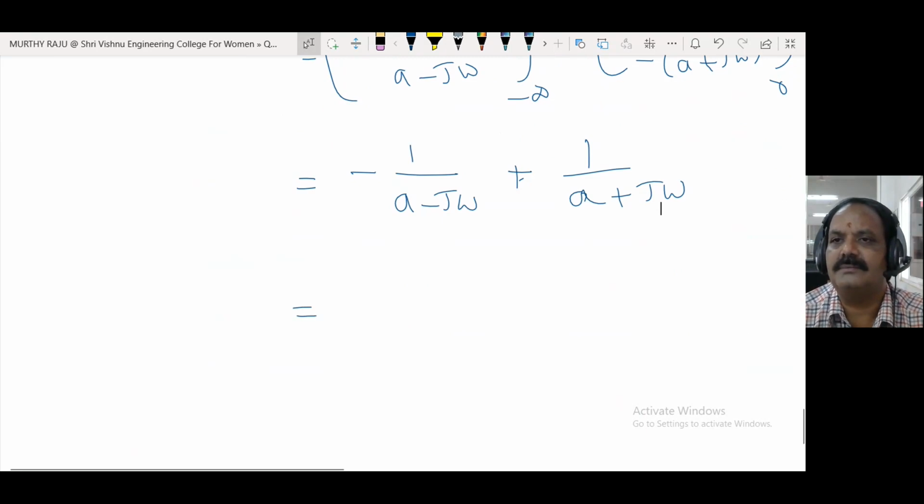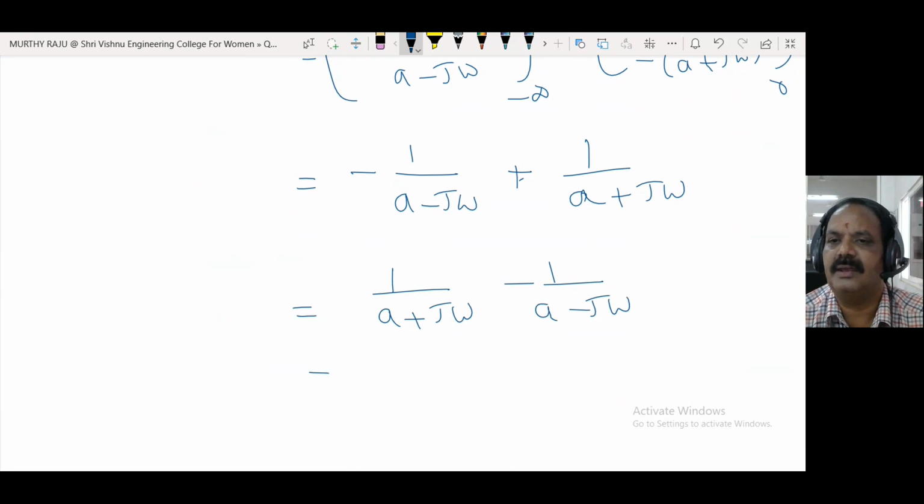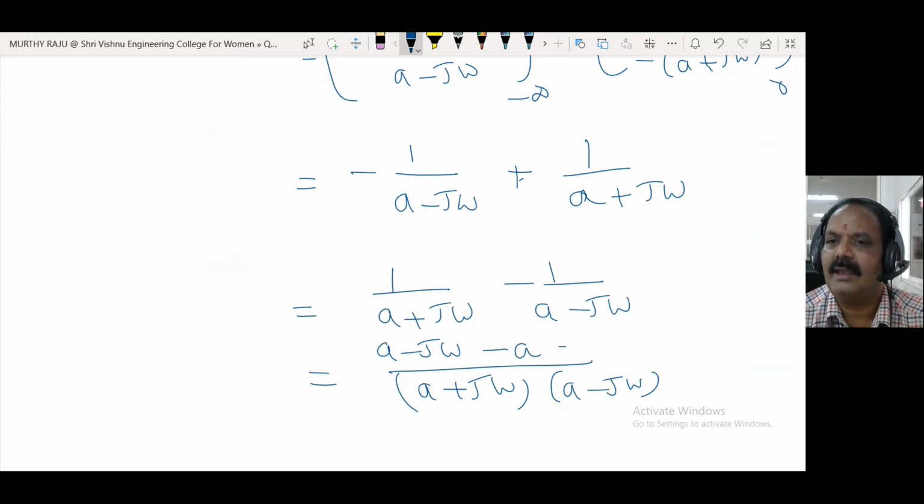That is equal to the LCM: 1 by a plus j omega minus 1 by a minus j omega. A plus j omega into a minus j omega, that is a minus j omega minus a minus j omega, minus a minus j omega.